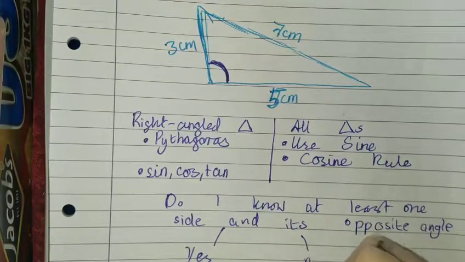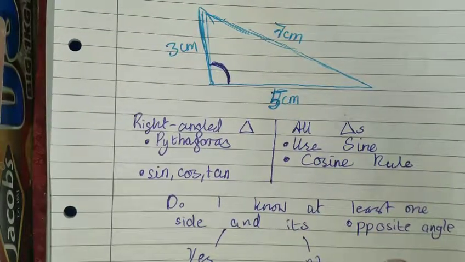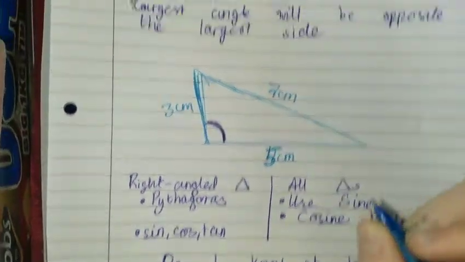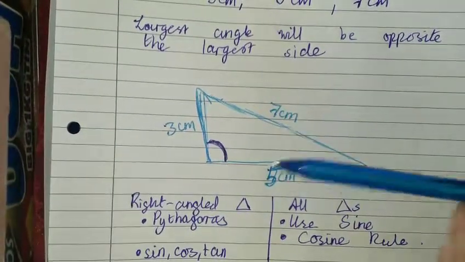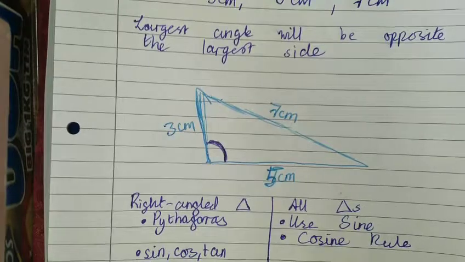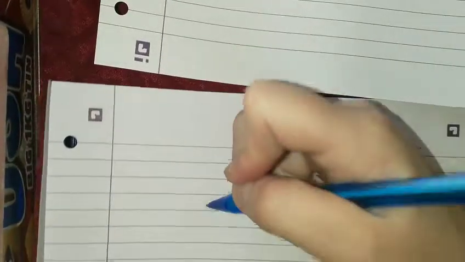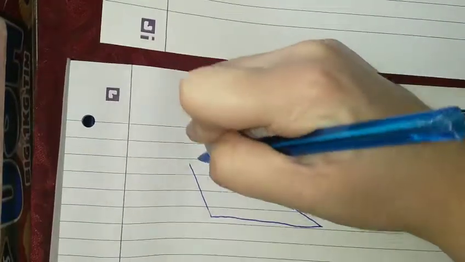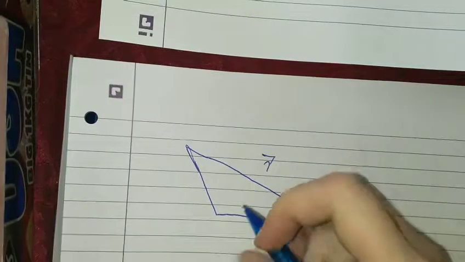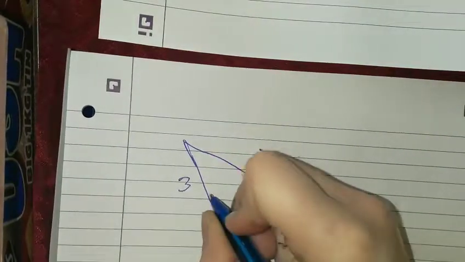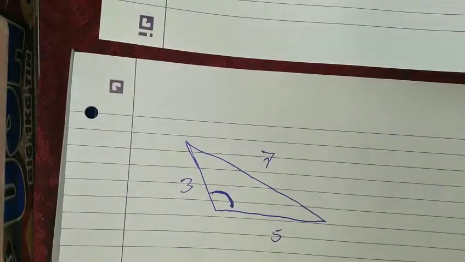If the answer is no, I use the cosine rule. So in this case, I don't know any angles, so I don't know at least one side and its opposite angle. So I'm going to have to use the cosine rule. So I'm just going to draw my triangle again here. So this is 7, 3, 5, and this is my angle that I want.